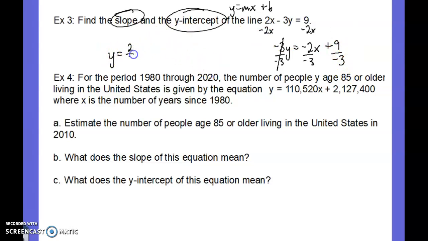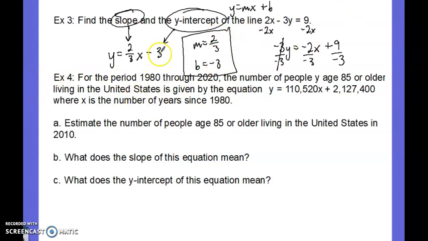Well, negative over negative is positive 2/3 x, and a positive over negative, -9 divided by 3, is -3. So what does that mean? Your slope is 2/3 and your y-intercept is -3. Let me write that out. Your slope is 2/3, your y-intercept is -3. That's all we have to do there. Sorry, my -3 looks wonky.